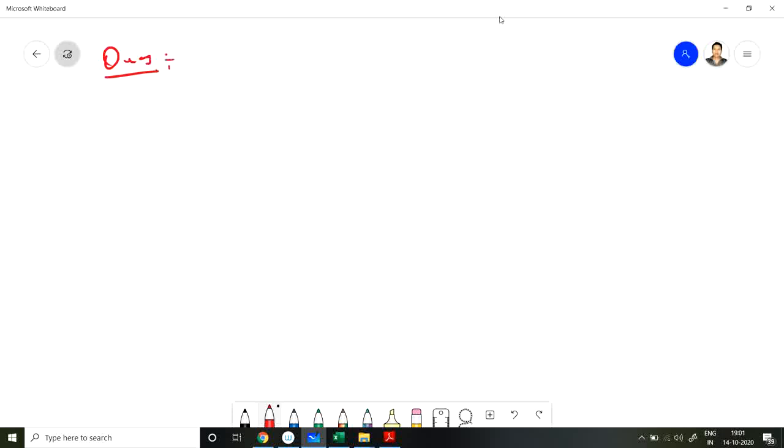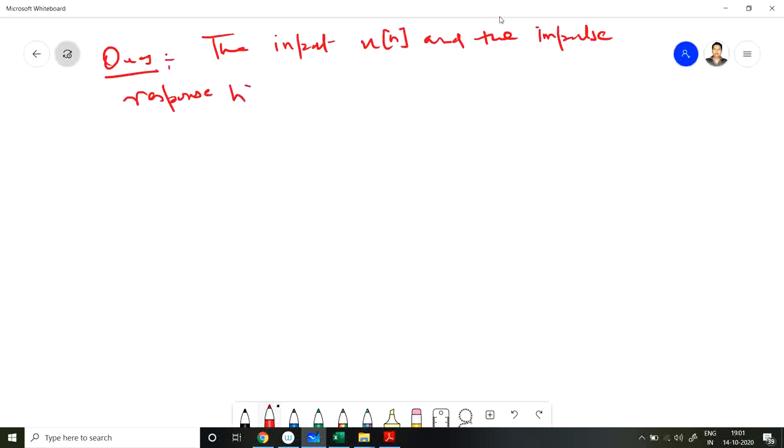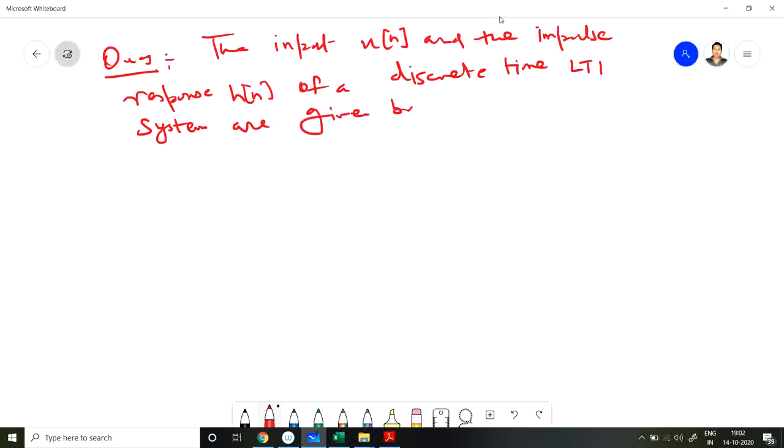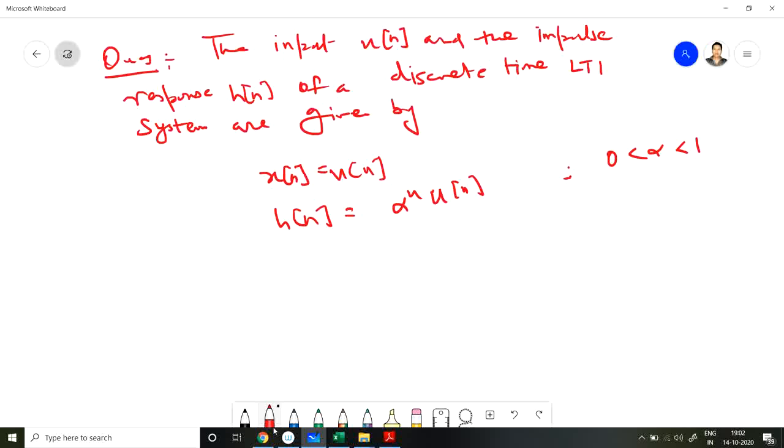The question is: the input x[n] and the impulse response h[n] of a discrete time LTI system are given by x[n] equals u[n], and h[n] equals α^n u[n], where 0 is less than α less than 1.